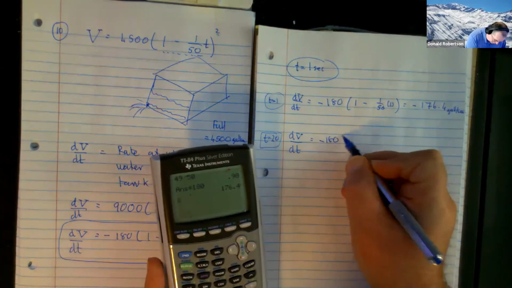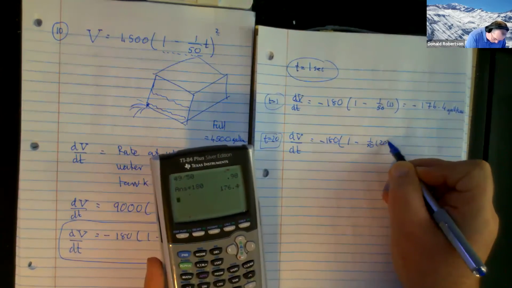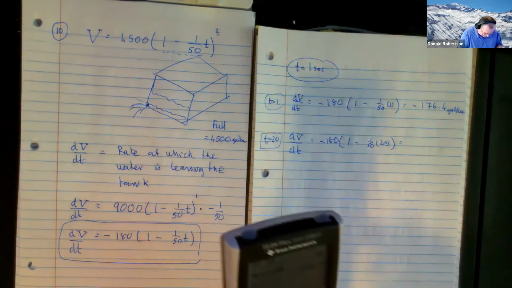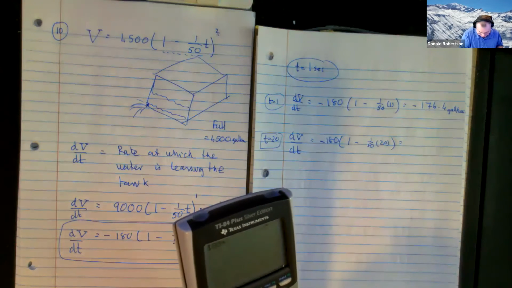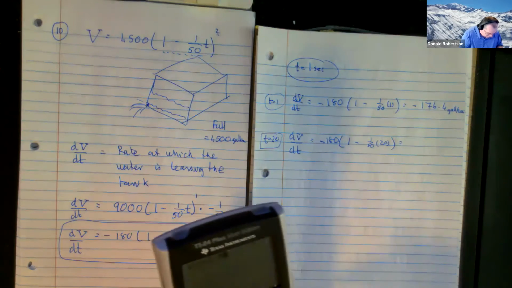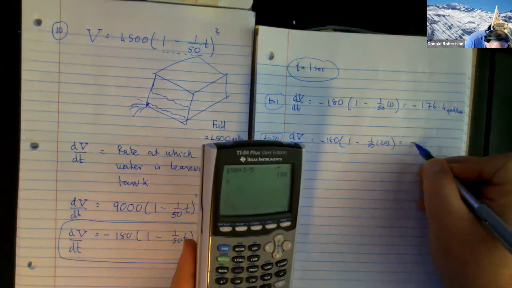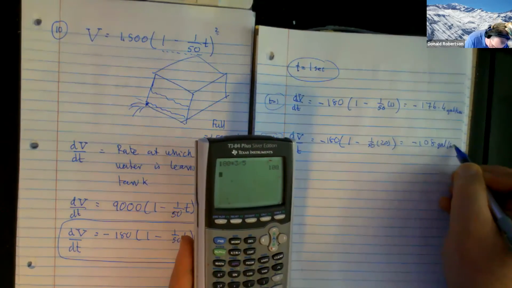Negative 180 times 1 minus 150 times 20, and that's going to be 180 times negative 108 gallons a second.